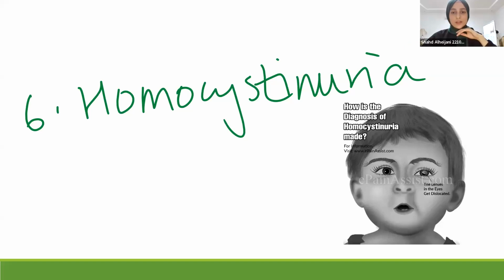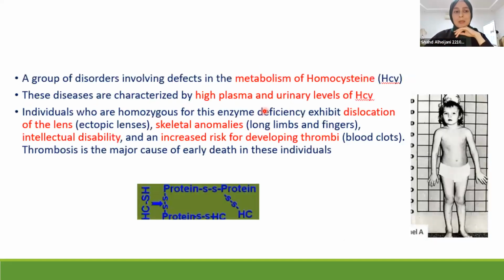Okay, so here is homocysteine. Again, there was no photo with the full presentation, but we can work with this for now. So in this image, just remember there is the dislocation of the lens or ectopic lens. We have other presentations in the coming slide, but for now, remember the ectopic lens for homocystinuria. Now, this is a group of disorders involving defects in the metabolism of homocysteine.